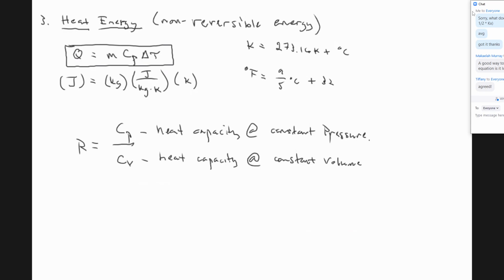So this is what we use, Q is equal to m Cp delta T, to deal with calorimetry, when we were talking about exothermic and endothermic reactions. So when we talk about heat energy as a whole, we're talking about energy that we cannot change back or get back easily. R is the universal gas constant from chemistry.